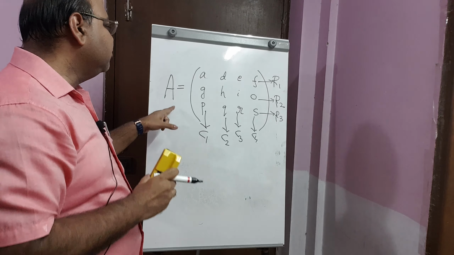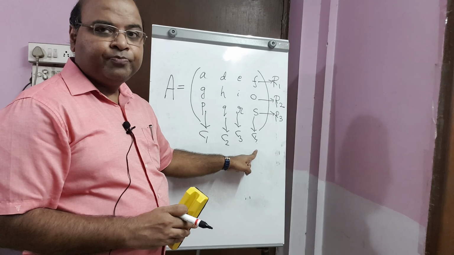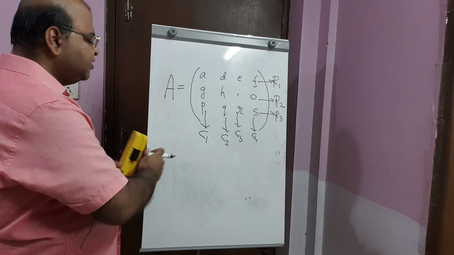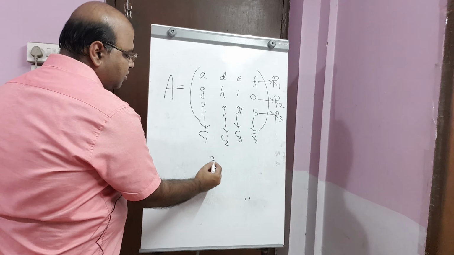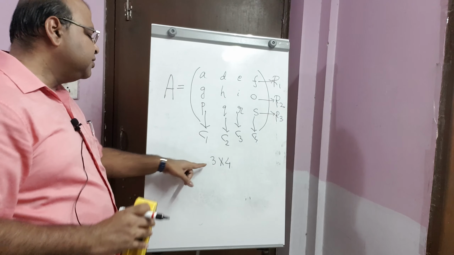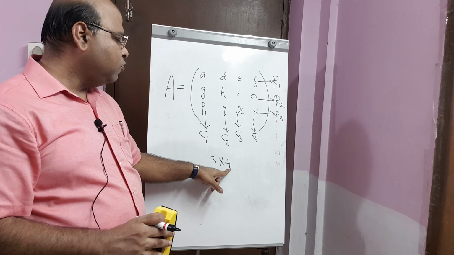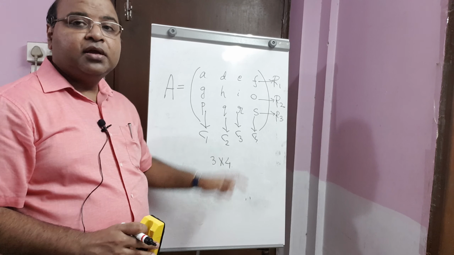So here this particular matrix contains 3 rows and 4 columns. So the order of this matrix is given by the pair of numbers 3 into 4, where the left hand number 3 represents the number of rows and the right hand number 4 represents the number of columns.